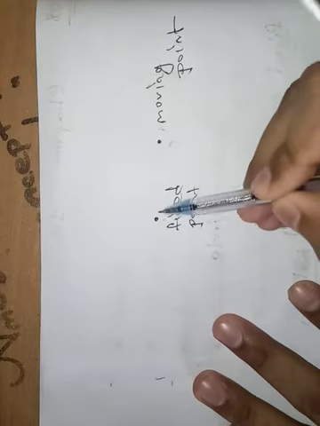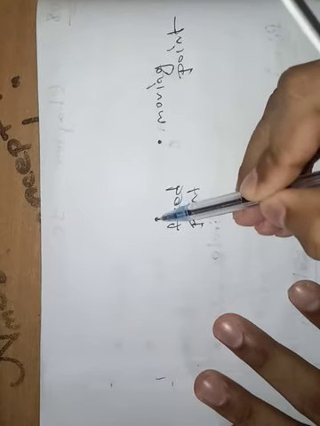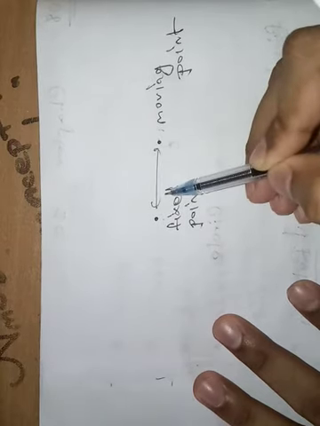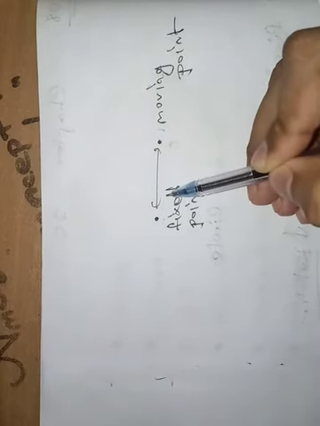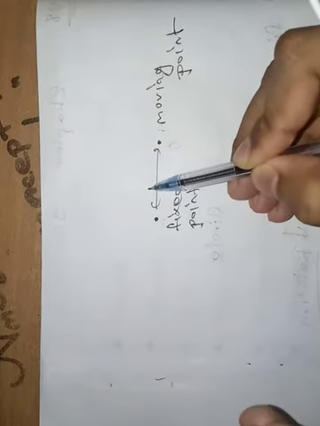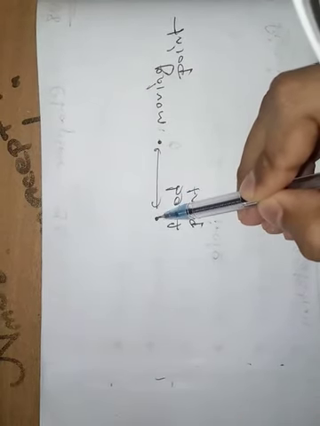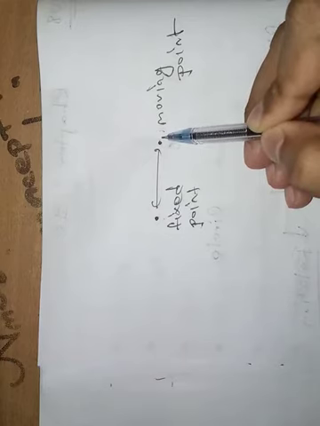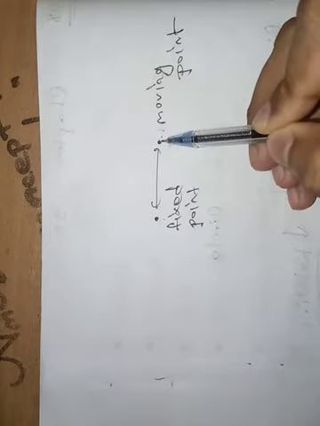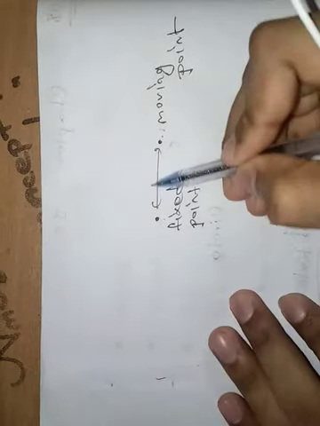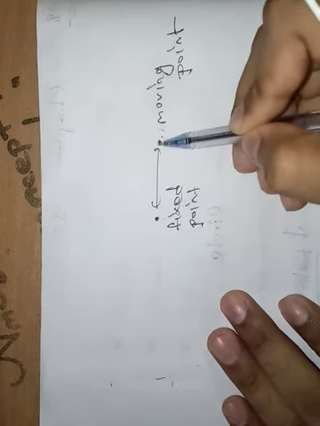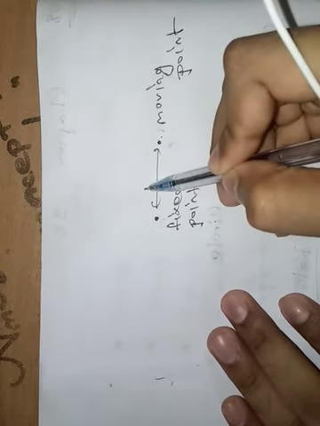That means the distance between the fixed point and the moving point should remain constant. Let the distance between the fixed point and the moving point be R.